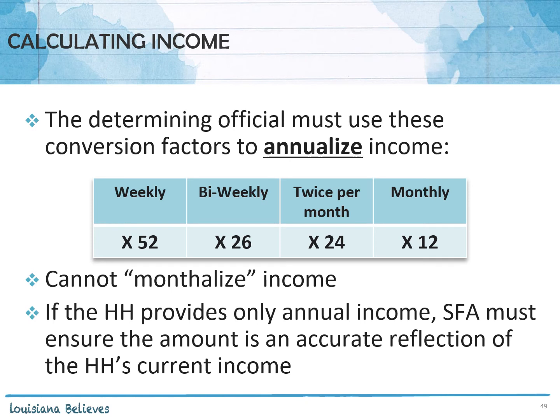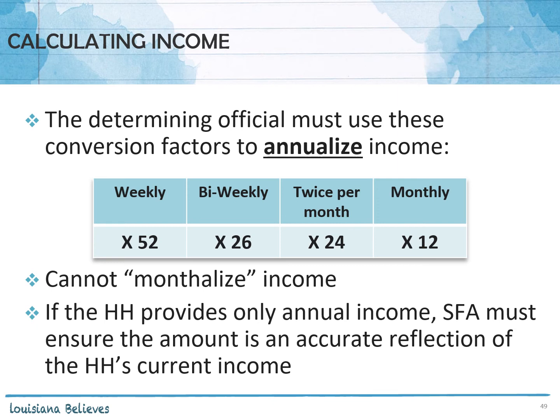Biweekly income should be multiplied by 26 for every other week throughout the year. Twice per month income is multiplied by 24, since 2 payments over 12 months is 24 income payments per year. Monthly income is multiplied by 12 for the 12 months in the year.